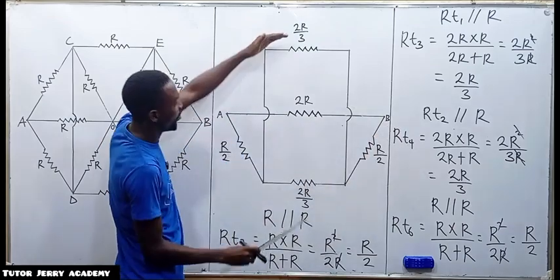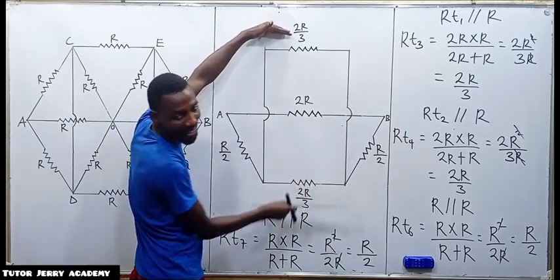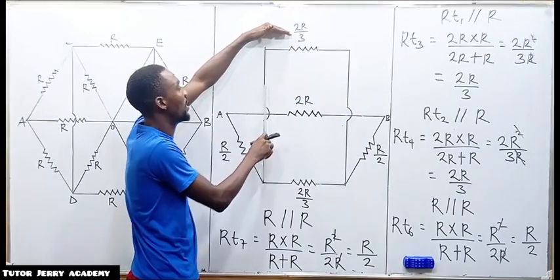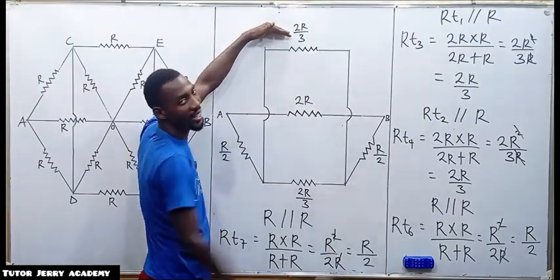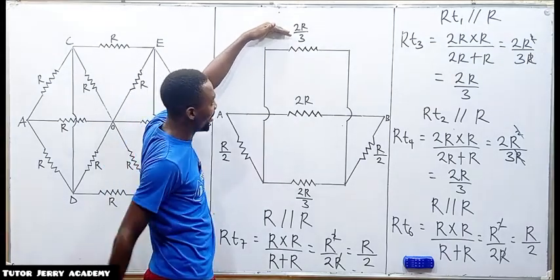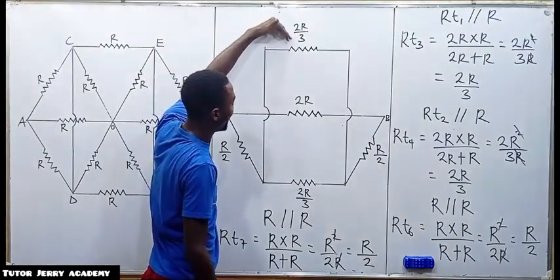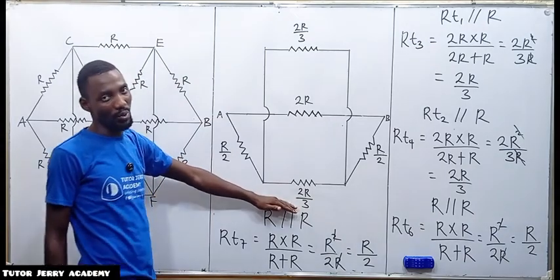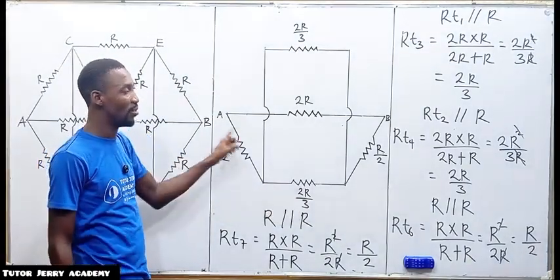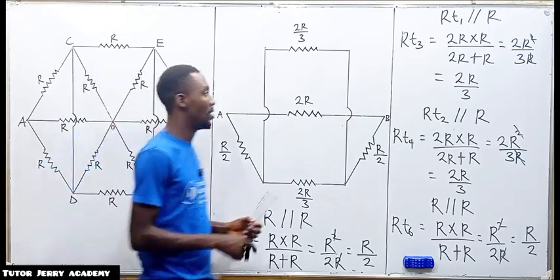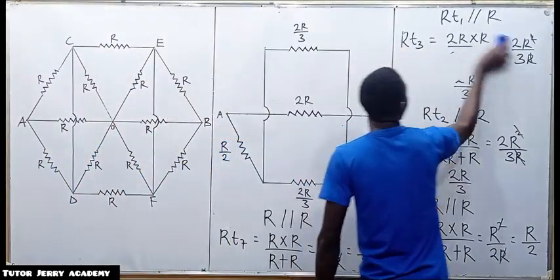If you see this wire, the other time we said it is a short circuit, and we were supposed to have removed it, but if we had removed it, how are we going to know that this R over 2 is parallel to this R over 2? Can you see the usefulness of the wire? All right, so let's clean this part.